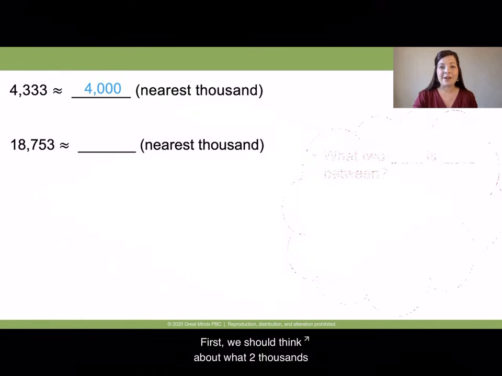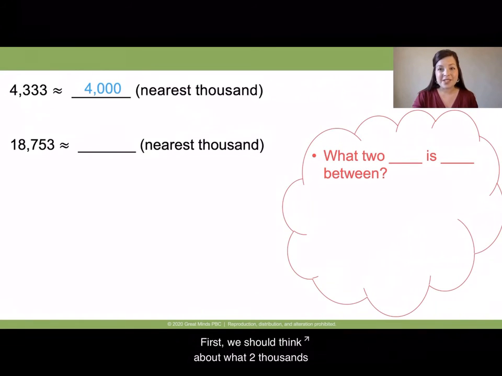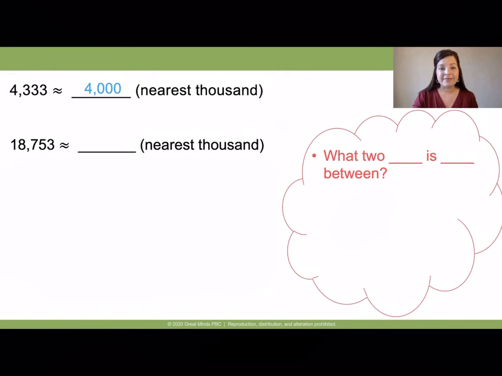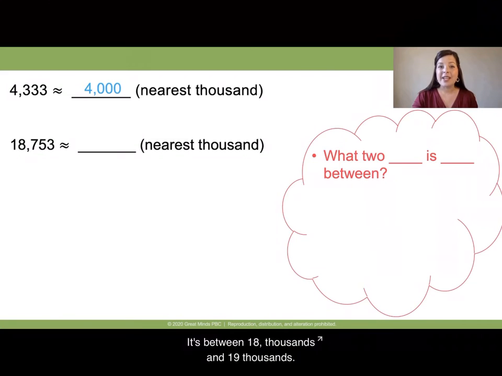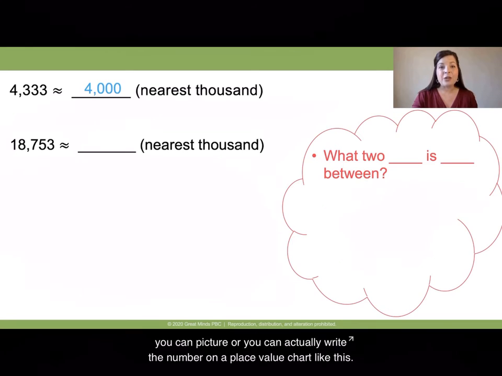First, we should think about what two thousands 18,753 is between. It's between 18 thousands and 19 thousands. If you're unsure what thousands 18,753 is between, you can picture or you can actually write the number on a place value chart like this.